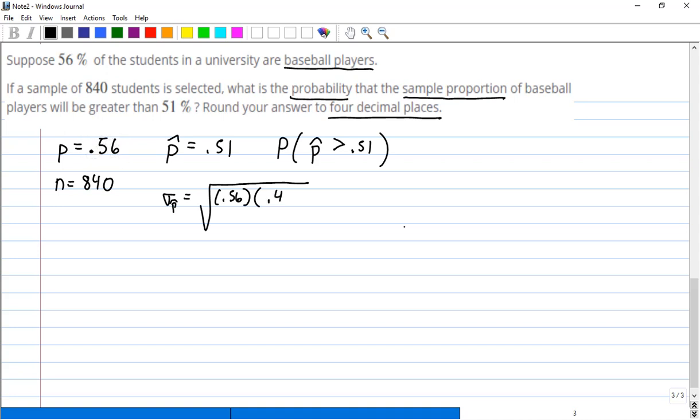If you say 1 minus 0.56, you should get 0.44. We have to use the 0.56, not the 0.51. Remember, we're always going to use the population values when we're finding the sigma sub p hat, divided by n. And n is 840.